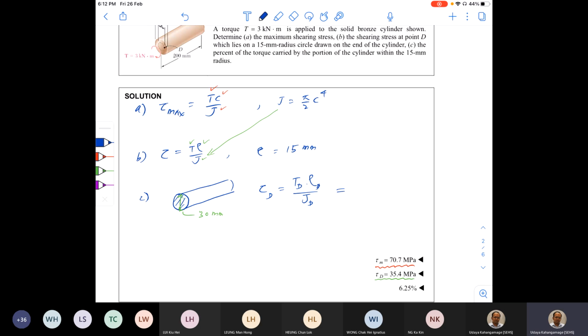That means from this one we can find the resistive torque, internal torque Td, as tau d into Jd over rho d. So if you find the values for all of these things, you can find out Td.